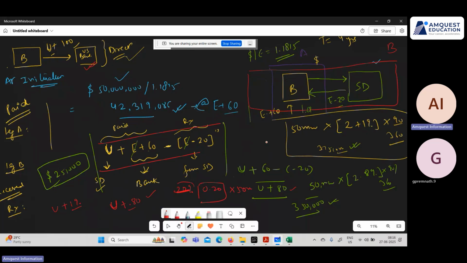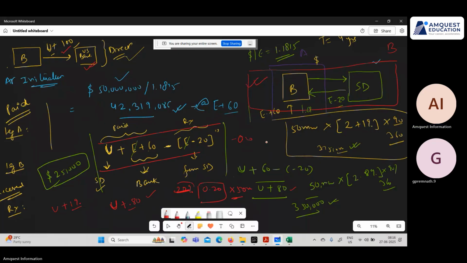Had he directly invested into the bank at 1%, in the whole transaction of synthetic borrowing, he's paying 80 bips. So can I say that effectively he is paying 20 bips overall?